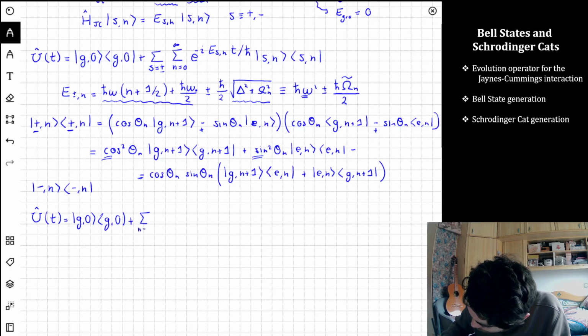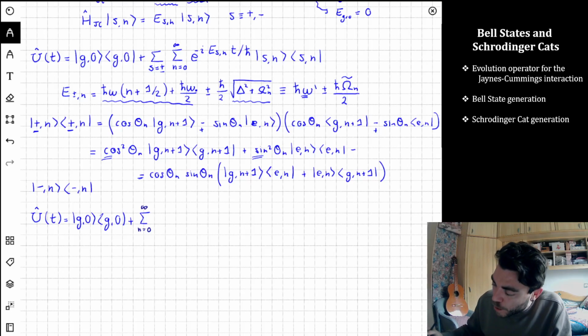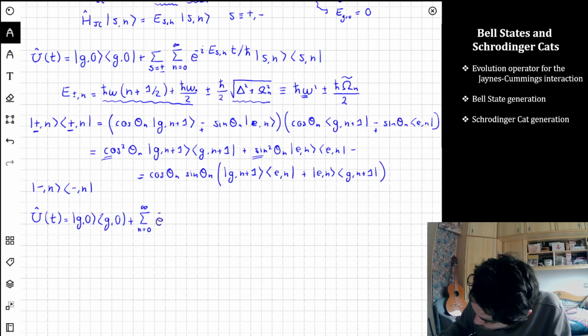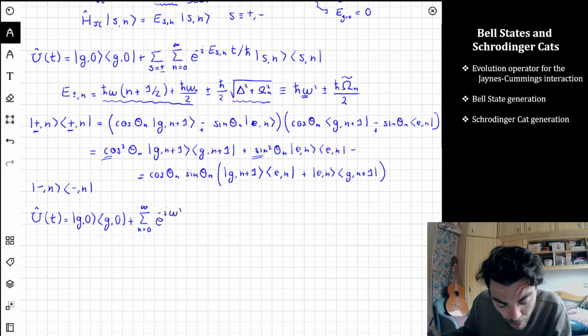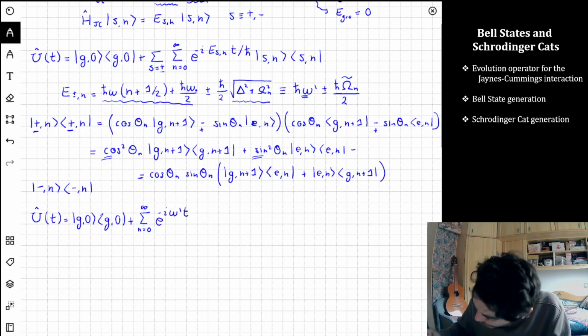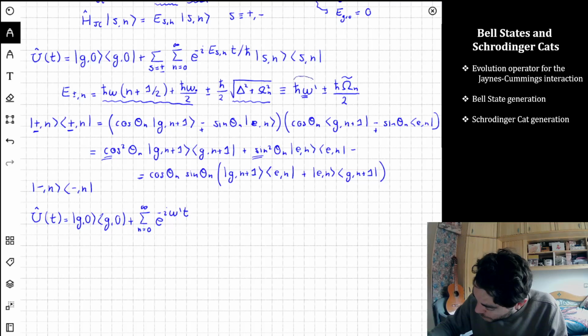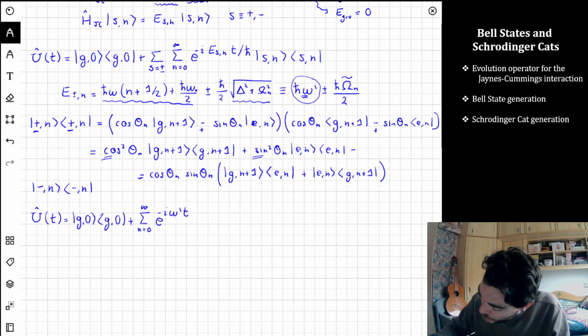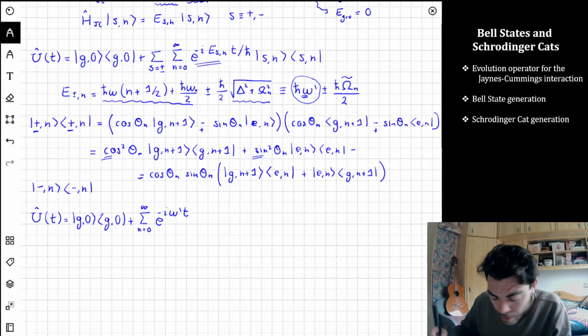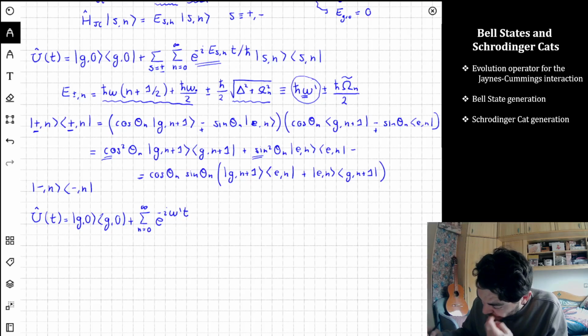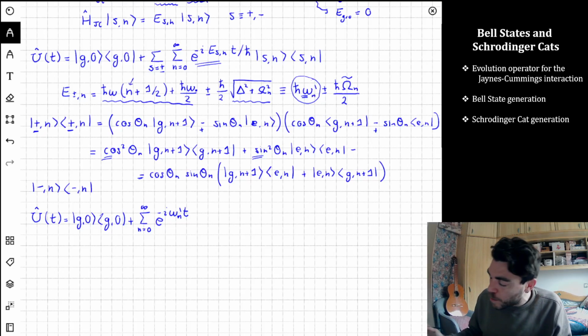So I'm going to write the sum over the natural number n, and now we will have e to the minus i omega prime t, where this omega prime is this. This is going to be common, and this omega prime, by the way, depends on n, just to be very explicit. It doesn't matter, because it's a question of notation, but just to be clear.